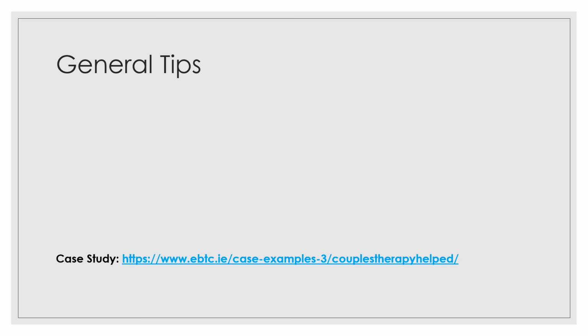Some general tips in couples therapy. Number one, most therapies are integrative of different types of techniques. So while I've broken down a few of them for you here, oftentimes in couples therapy, you'll find bits and pieces of all of those different techniques.